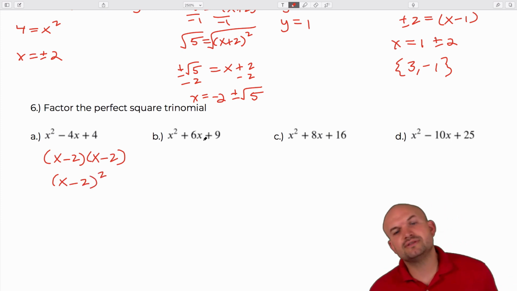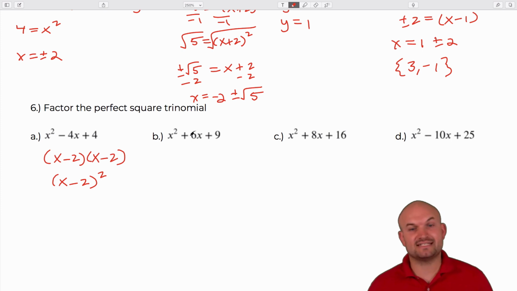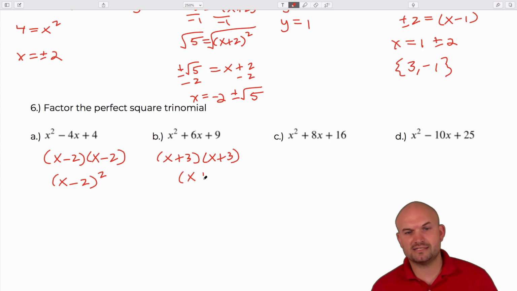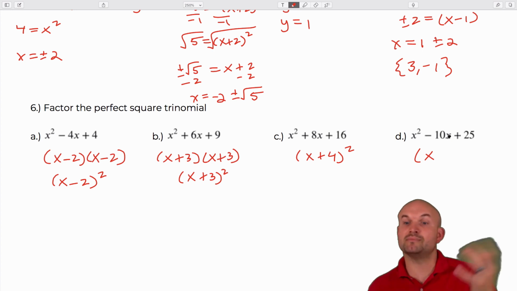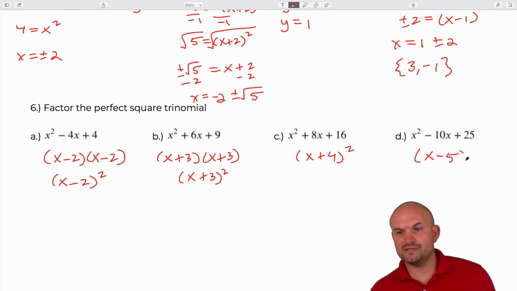All right, what same number multiplied is giving me 9 and adding to give me 6? That's going to be x plus 3 times x plus 3, which is x plus 3 squared. And then we can just hopefully continue this, and notice that when the middle term is positive, your binomial is positive. When the middle term is negative, your binomial is going to be negative.